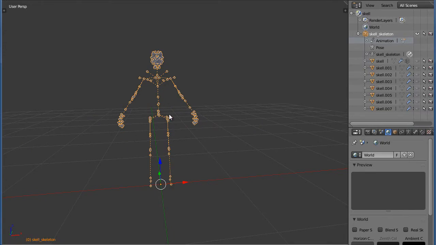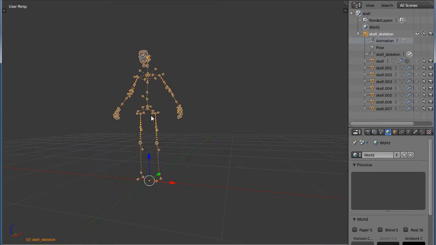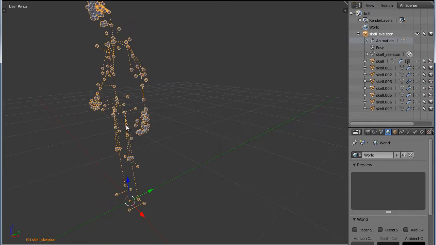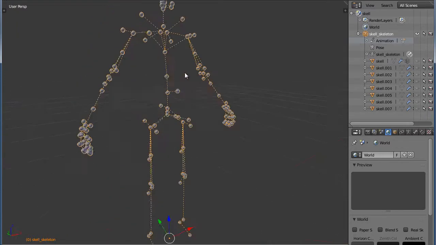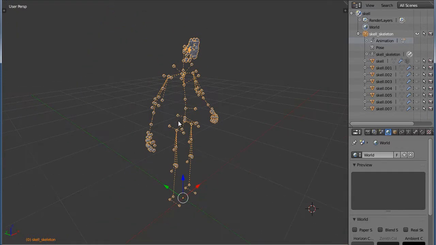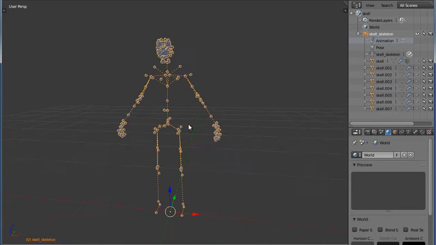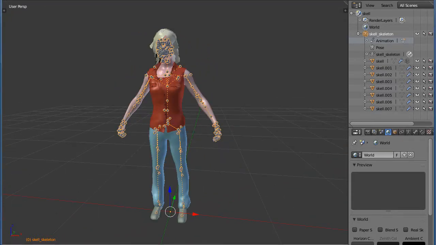Well, now finally we have the correct skeleton. In addition to a basic skeleton, we have lots of helper bones here, everywhere around arms and legs. And if we connect this now to a model, this will probably work.